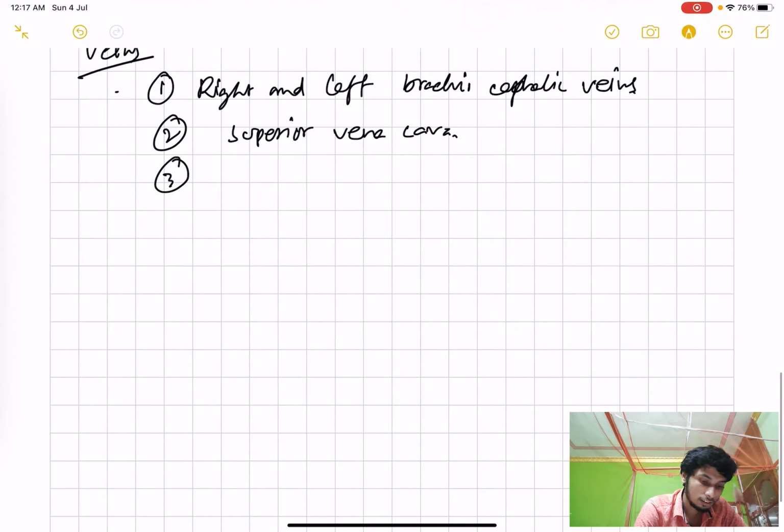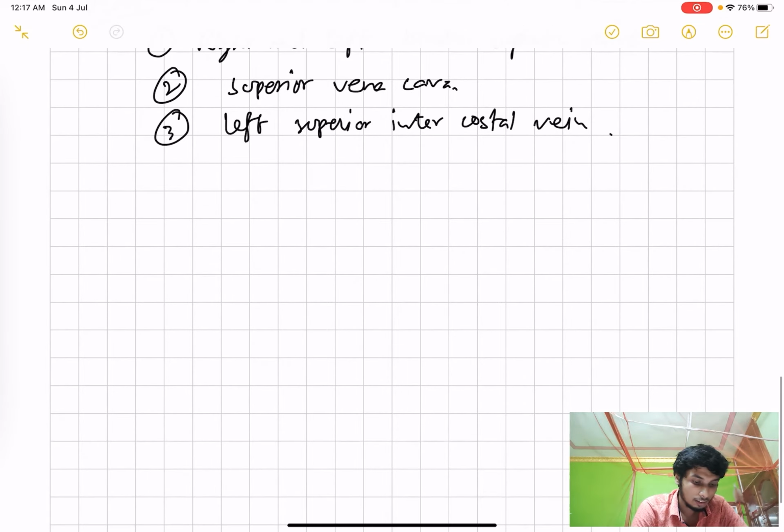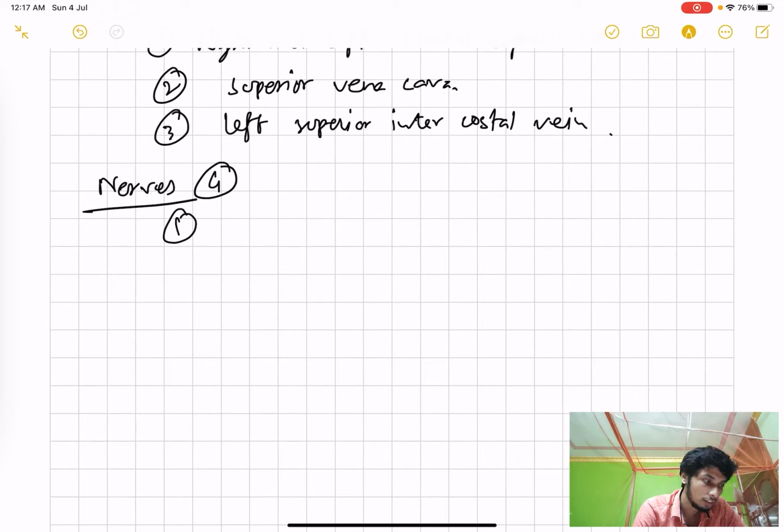Number 3, left superior intercostal vein. Now there are nerves, basically 4 nerves. Number 1, phrenic nerve.